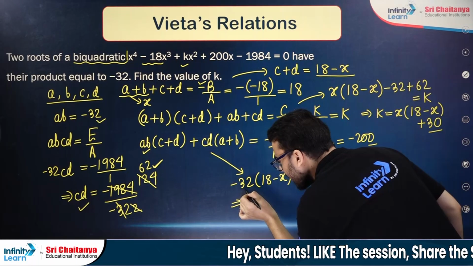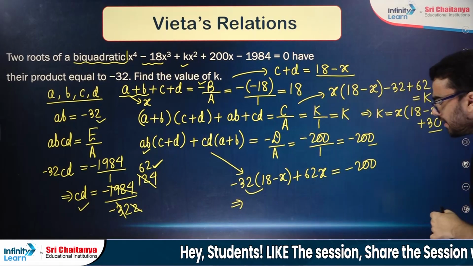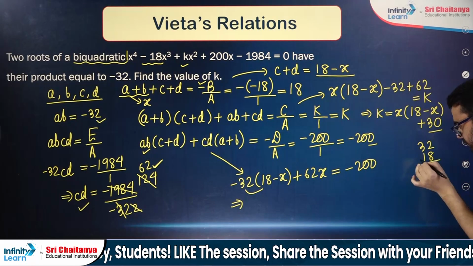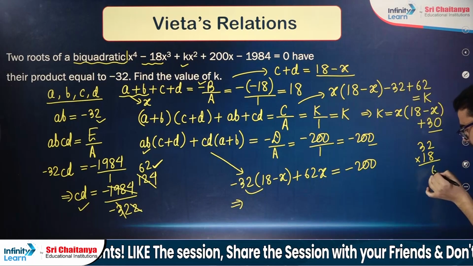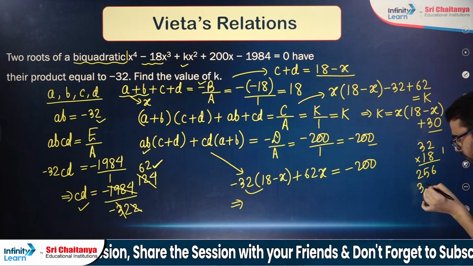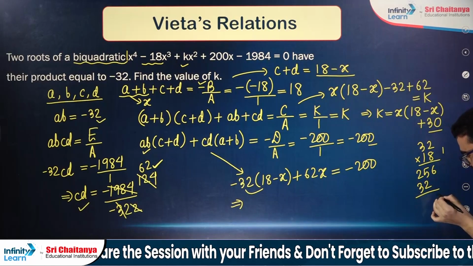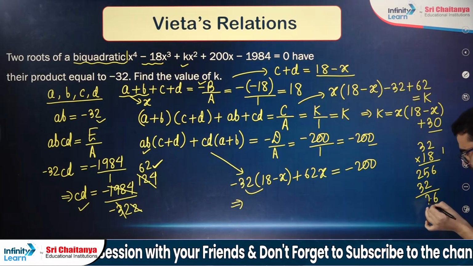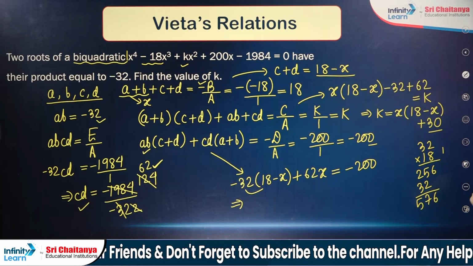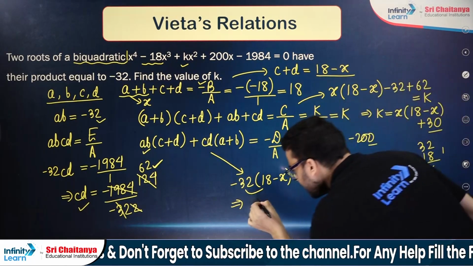If you open up the bracket, you'll get minus 32 into 18. Let's check it. I guess that's correct. Let me check it once again. That is minus 576.